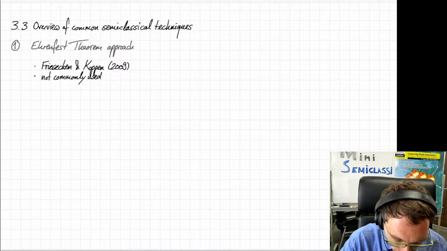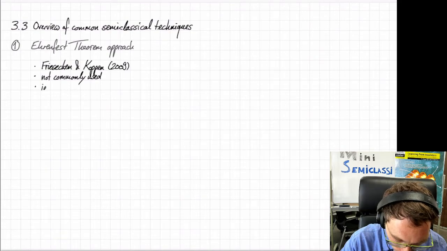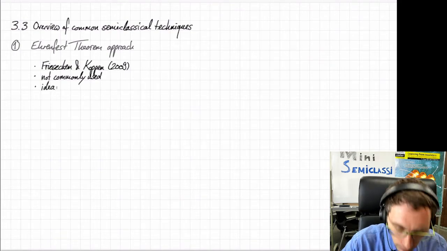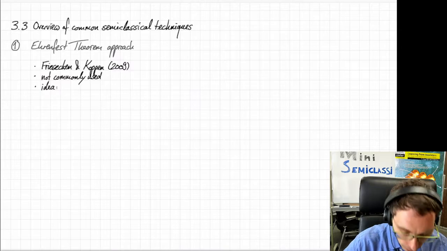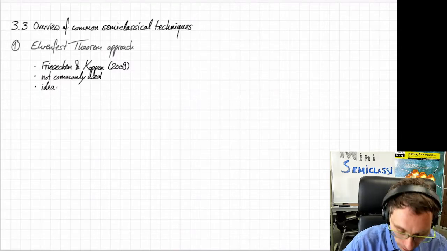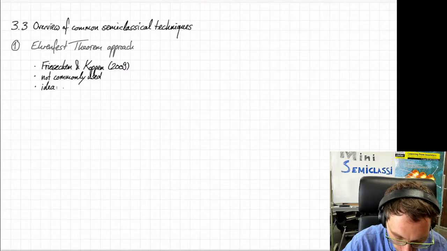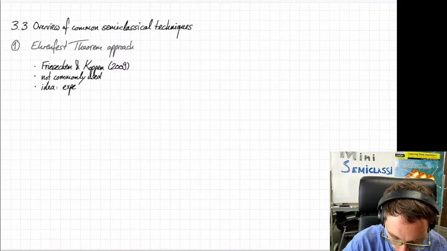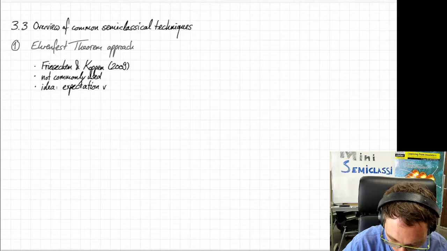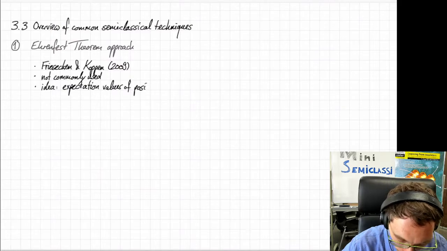So what is the idea here? Well, the idea is that the expectation values of position and momentum approximately obey the classical equations.